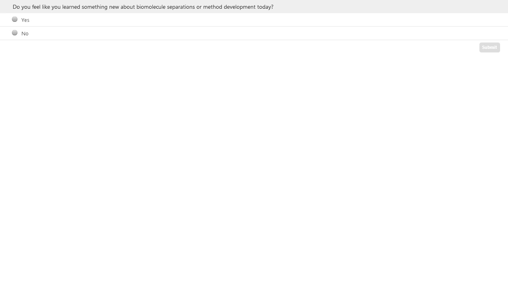Great. Lots of great questions coming in here. What does the TFA modifier do to the column? Block the free silica sites? So yeah, it will definitely for lower purity columns. It will sort of cover any active sites that are still on the column. That's why it's quite good to have high concentrations with those sort of early generation low purity columns.